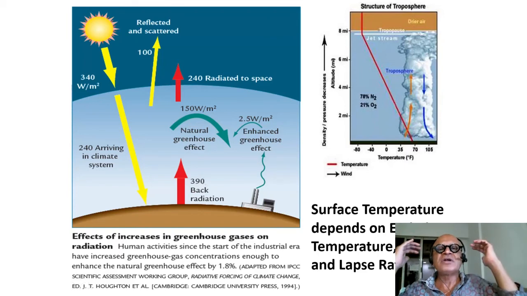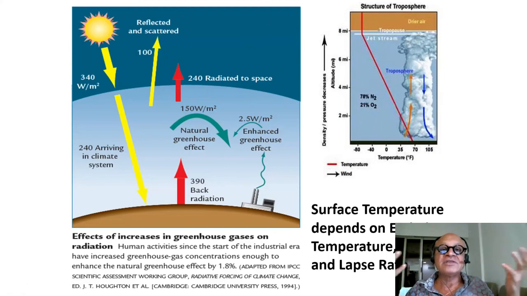Imagine yourself under a blanket. The blanket is going to trap your body heat and increase the temperature, and that's its purpose, to make you feel warm by trapping the body's heat. So the greenhouse gas effect is essentially doing exactly that.